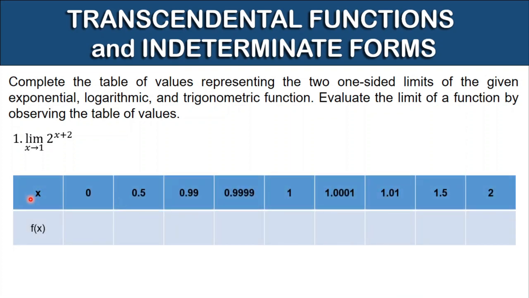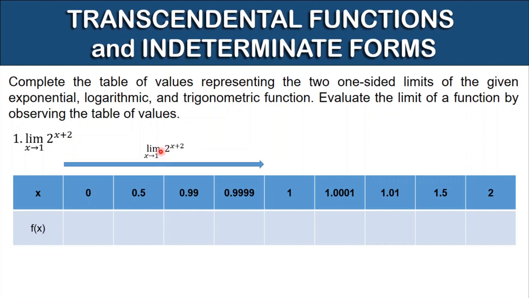In the first row, we have the x, and in the second row, we have the f of x. Here we set values of x that show x is approaching 1. For the one-sided limits, we see here the limit of 2 raised to the quantity of x plus 2 as x approaches 1 from the left of 1.